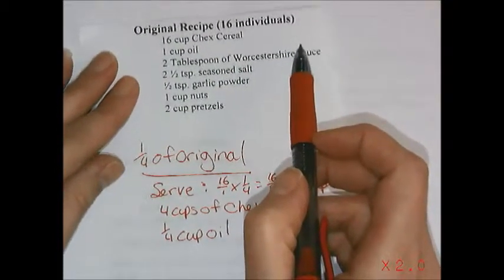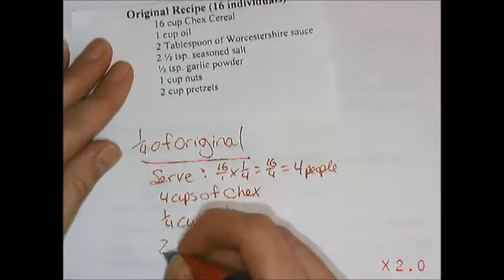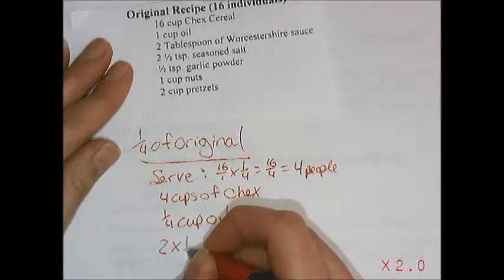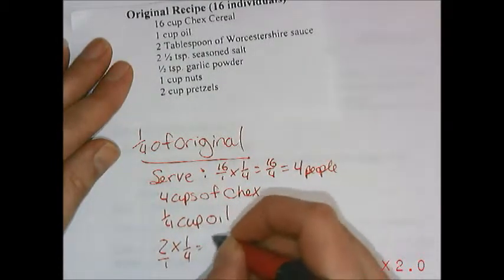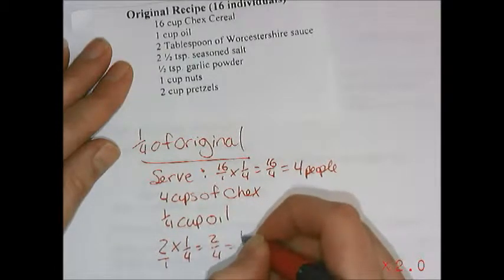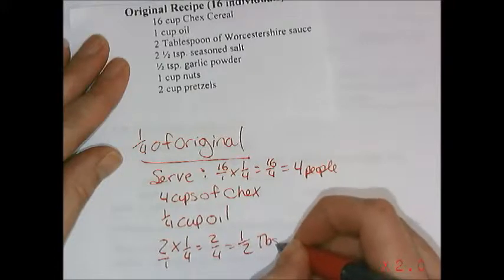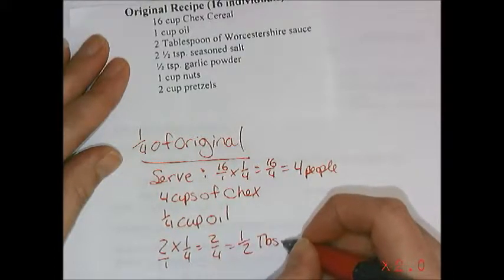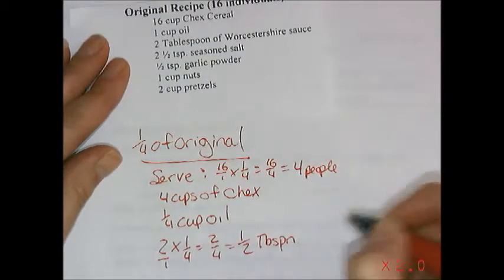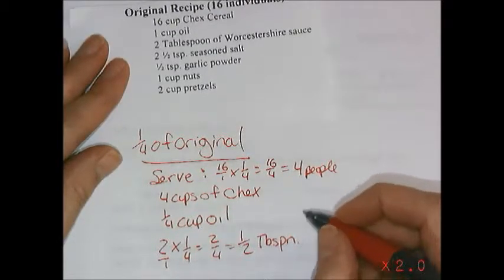Well, a fourth of 2, 2 times a fourth, it's going to be 2/4 or a half tablespoon of Worcestershire sauce.